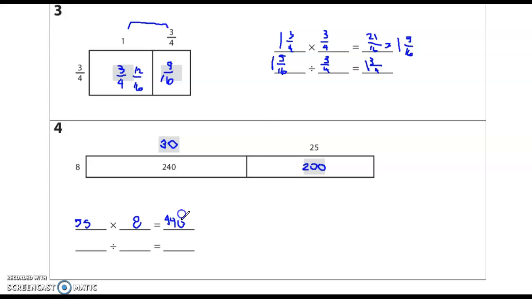And then let's make it a division problem. 440 divided by 8 is 55, or 440 divided by 55 is 8.